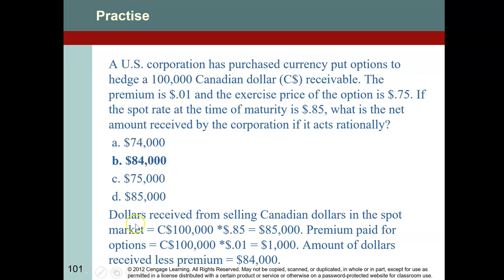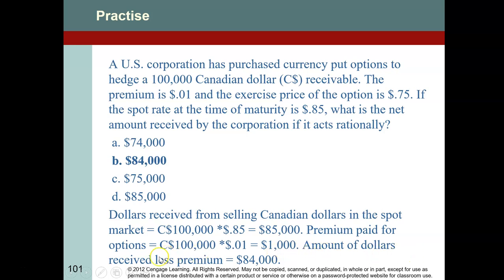Okay, so the dollars received from selling Canadian dollars in the spot market would be 100,000 multiplied by 0.85, which is 85,000. Even though we're not going to exercise the option, we still need to pay the premium. The premium paid for the option is 100,000 multiplied by 0.01, so we pay 1,000.